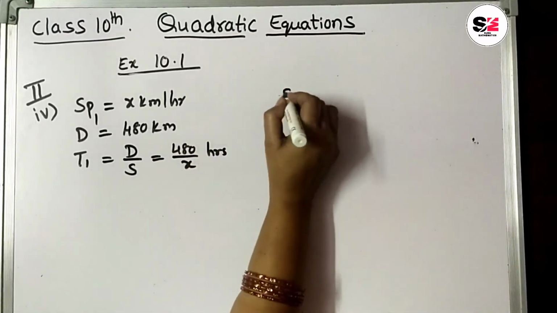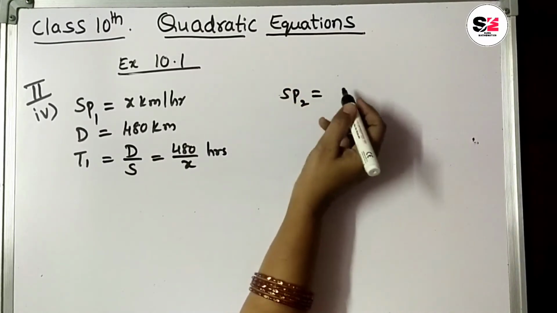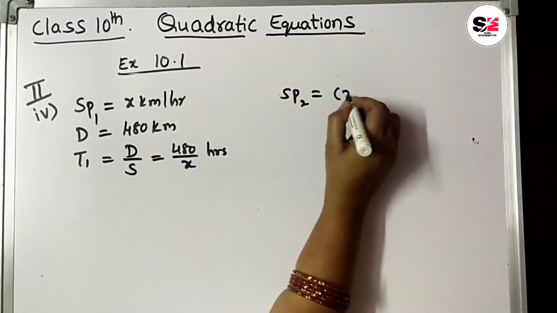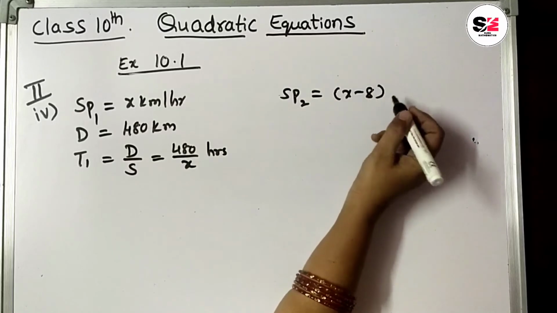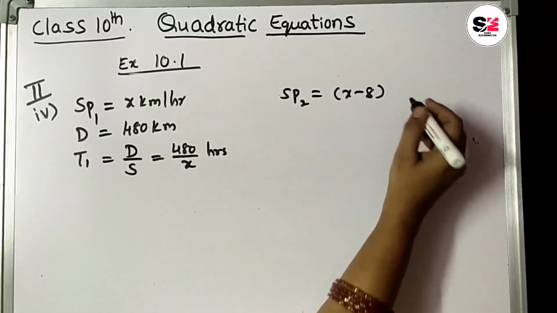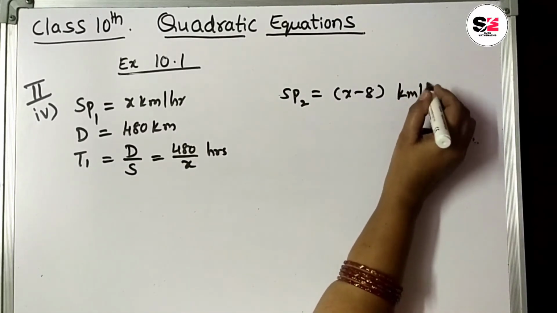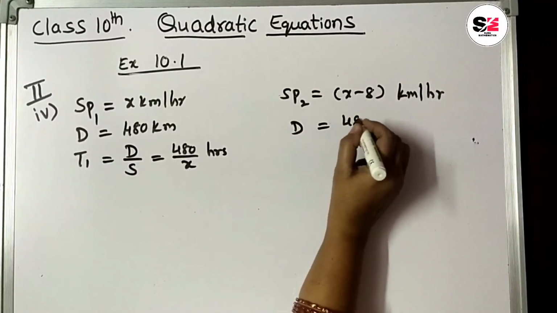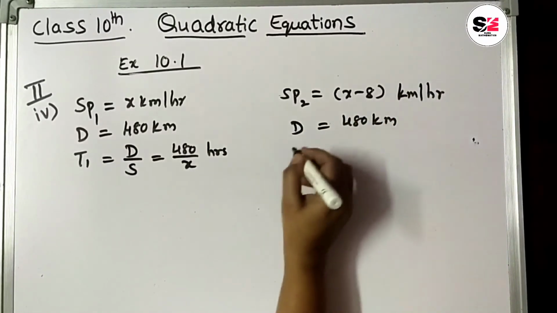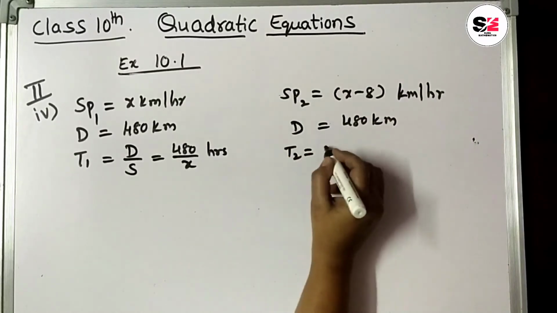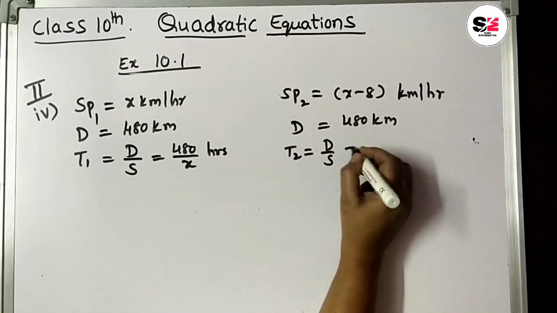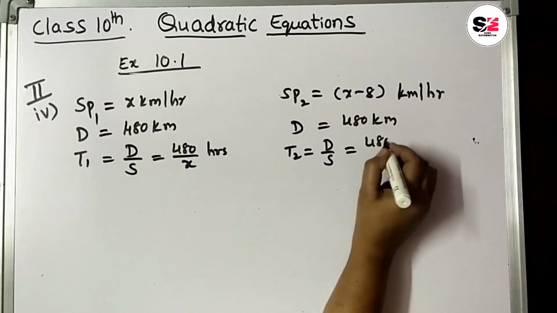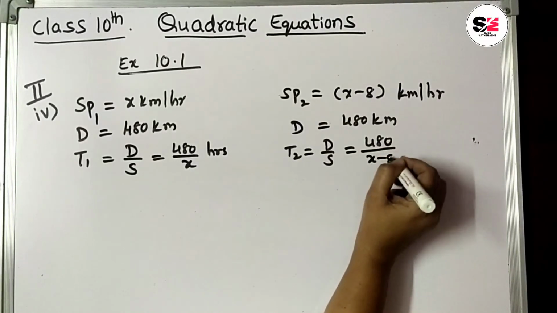Yes, next speed 2 is equal to x minus 8 kilometer per hour. Next, the distance is the same, 480 kilometers. Then time 2 is equal to distance by speed, 480 divided by x minus 8.